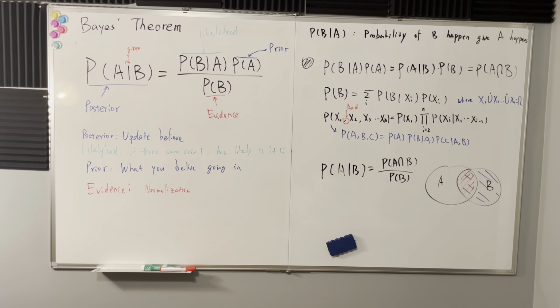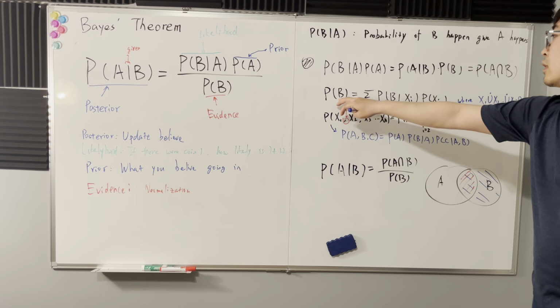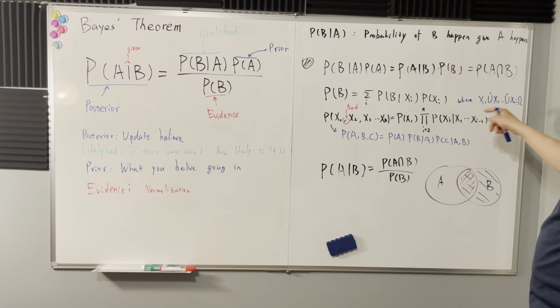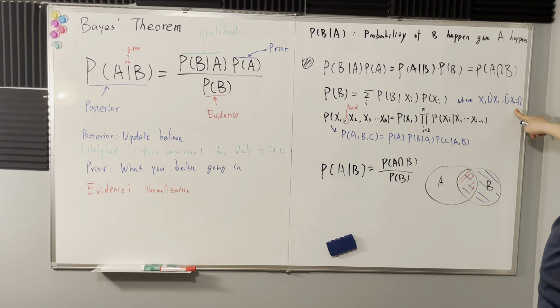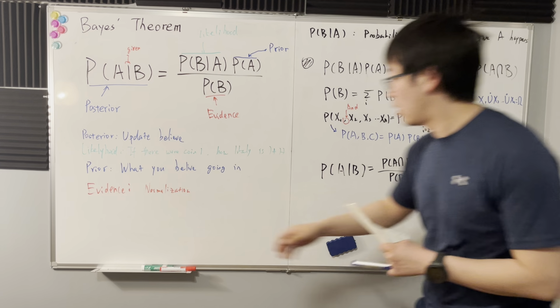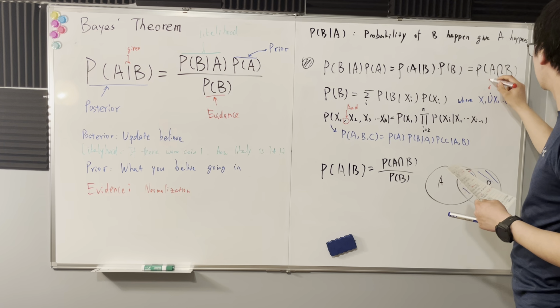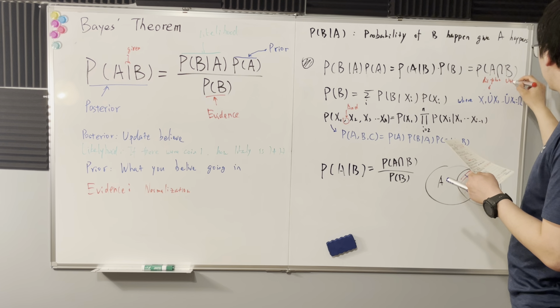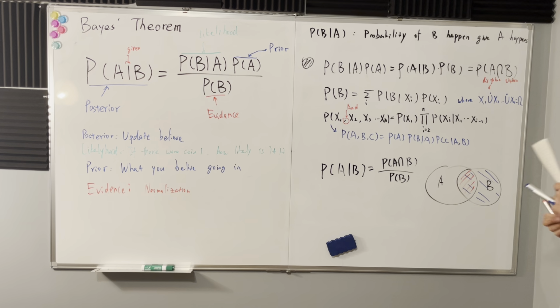Here are some more important formulas. P(B) is the sum of P(B given X), where X is a full set, I think a disjoint union. This thing is called a disjoint union, meaning a union that does not have an overlap.